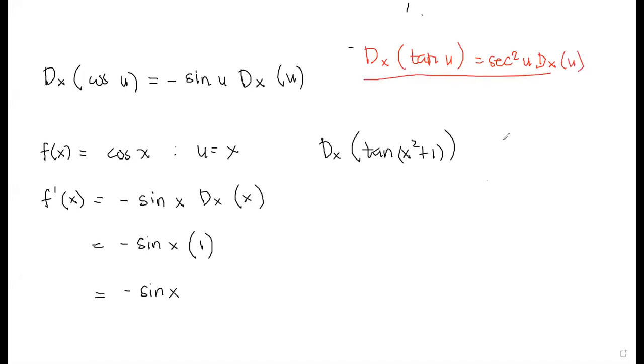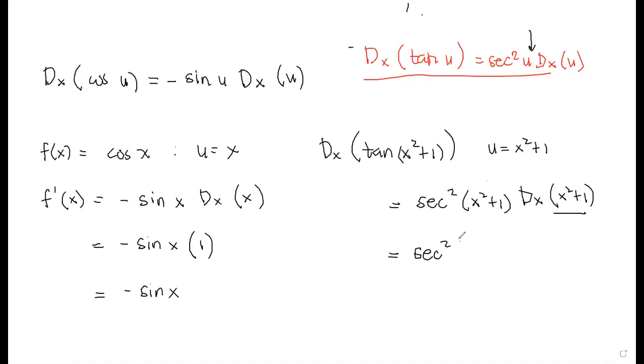Our u in the given, guys, is x squared plus 1. Agree? So we're just going to follow the pattern in the formula, and that's going to be very easy. This is going to be secant squared of x squared plus 1, which is our u here, and then the derivative of x squared plus 1. Now, what is the derivative of x squared plus 1? 2x. Right? So secant squared of x squared plus 1 times 2x. Good.